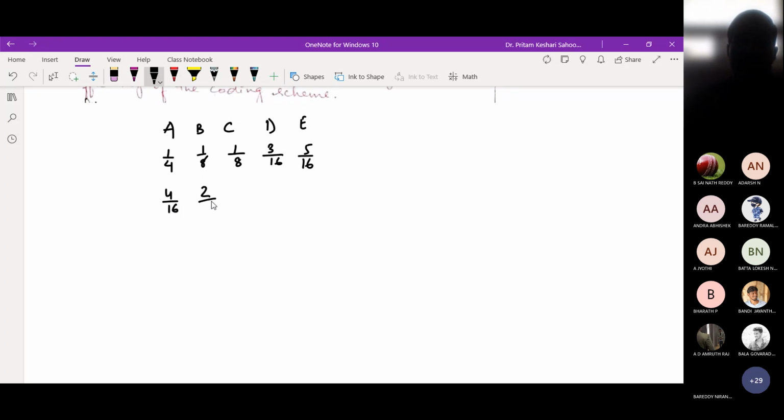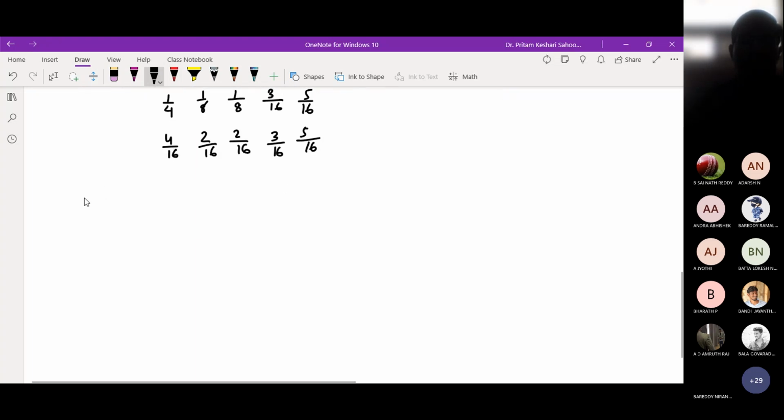This one I can write as 2 by 16. This one also 2 by 16. This one itself 3 by 16. This one itself 5 by 16. So I have made all probabilities have equal denominators so that it is very easy to find which probability is highest. If you see here, this probability 5 by 16 is highest. So 5 by 16 represents symbol E.